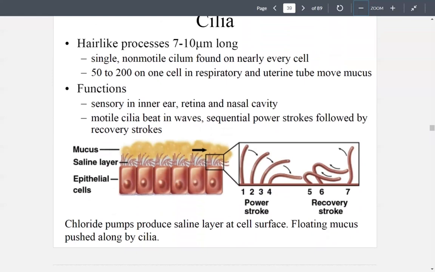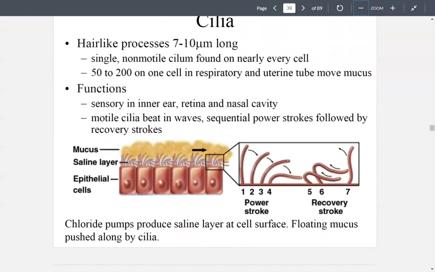However, on many cells lining the respiratory tract or lining your uterus, fallopian tubes, any place where we have mucous membranes, we are going to find these cells are covered in upwards of 200 on a single cell.